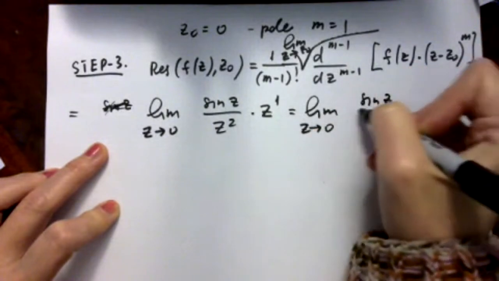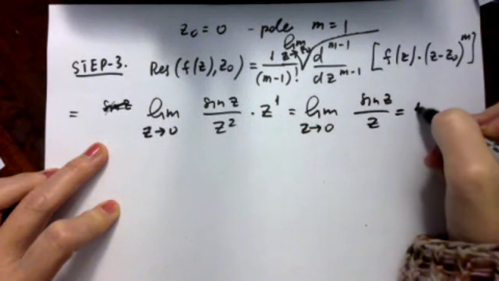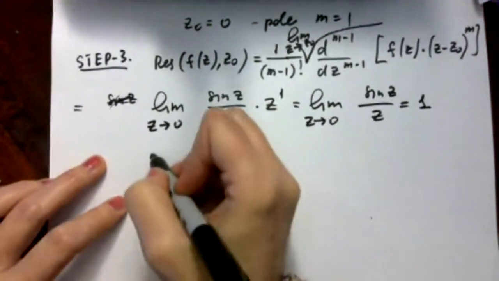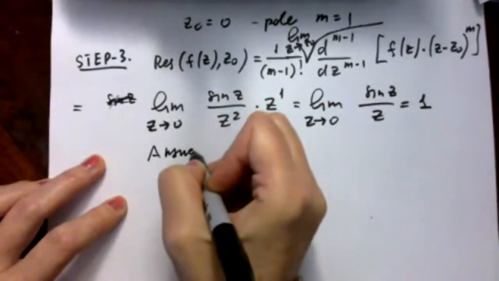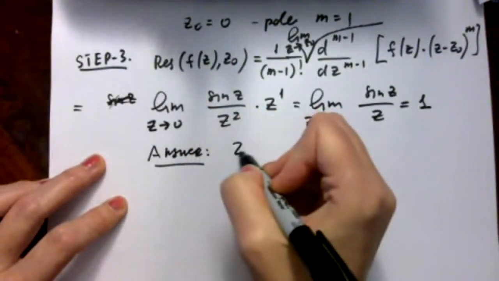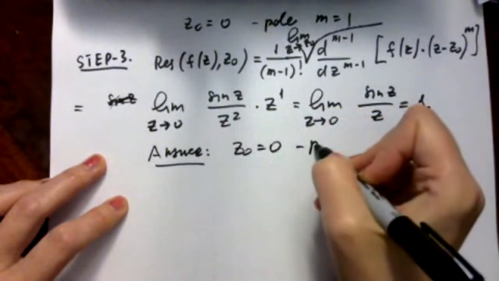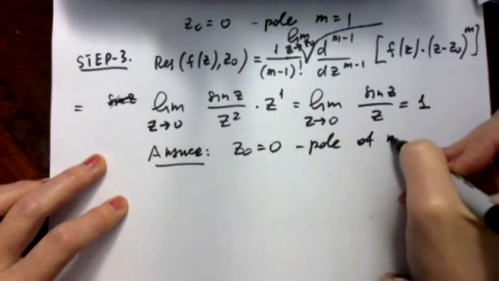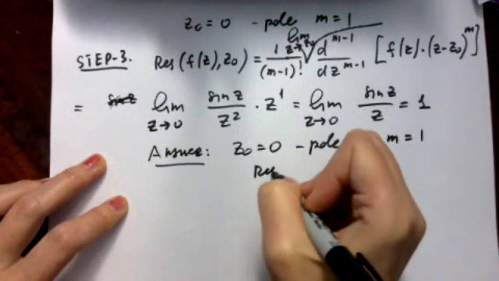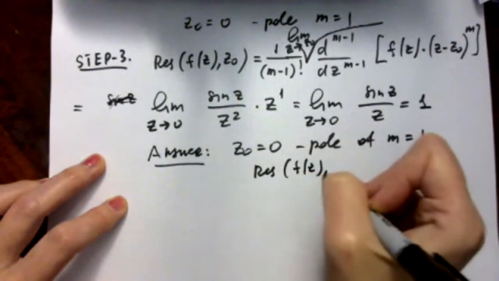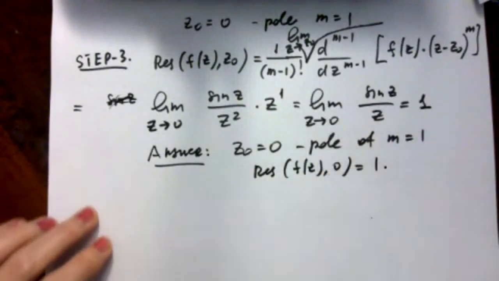And we have a very familiar expression for you. This is the famous limit, which is equal to 1. So our answer to this problem is the following: z equal to 0 is a pole of order 1, and the residue of our function in this pole is just equal to 1. That's it.